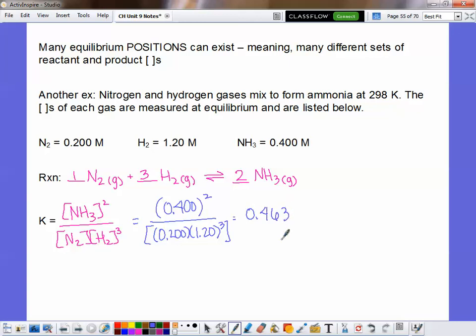And remember, we don't report units on K values. If you don't get 0.463, make sure you put extra parentheses around the bottom, or do the entire bottom separately, or something like that. Make sure you're not multiplying when you're supposed to be dividing. So what does this K value's magnitude tell us about the reaction? The reactants are favored. Since K is less than 1, reactants are favored.